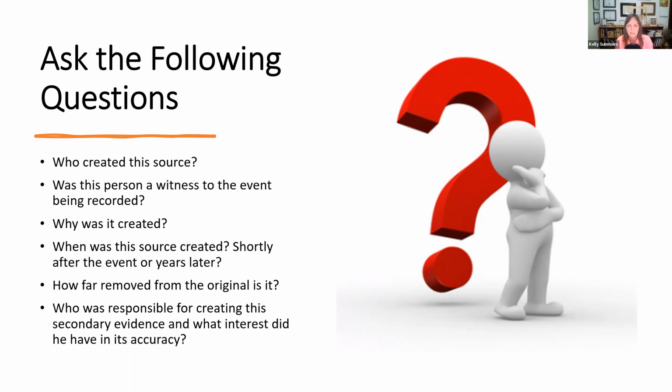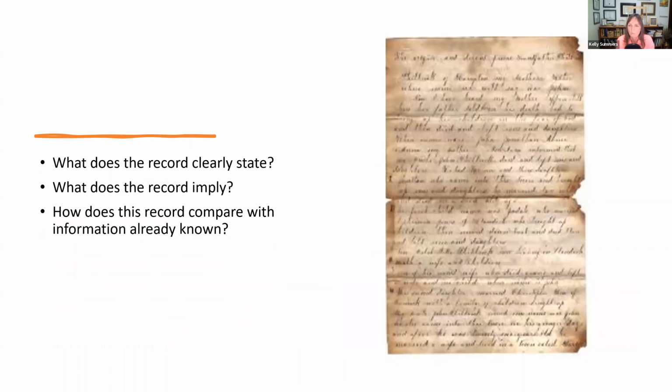And was there anybody with an interest in making the record different than it should accurately be? What does the record clearly state? And what does the record imply? How does this record compare with other information already known? These are all good questions to think about when you are evaluating evidence.